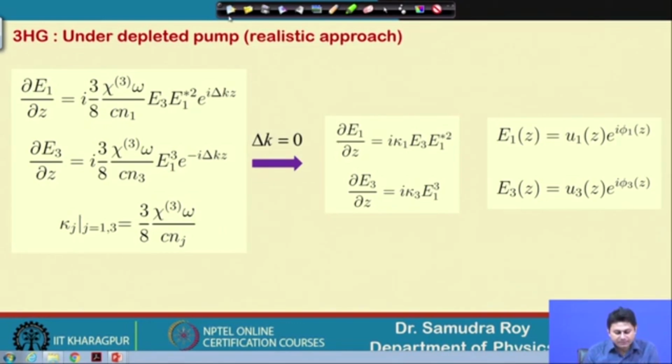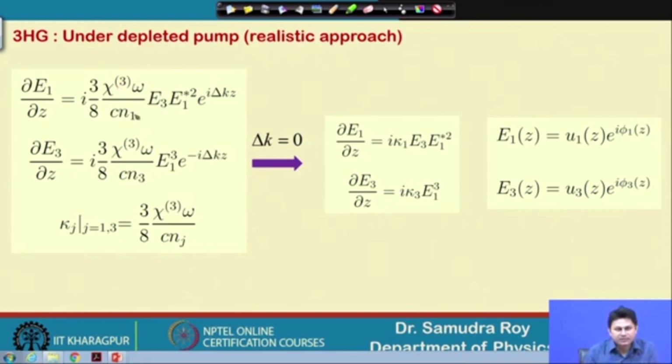To make life simple, we consider delta k equal to 0, that means the absolute phase matching condition. So, this equation basically simplifies to these two forms. Kj is basically the coefficient that contains all these terms, 3 by 8 kappa 3 omega c n 1.